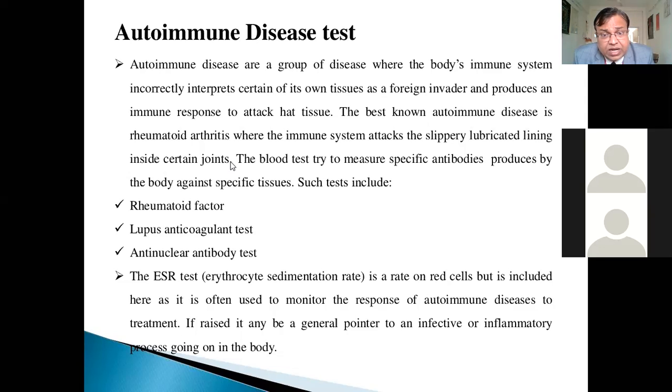The blood test tries to measure the specific antibodies produced by the body against the specific tissue. Such tests include the rheumatoid factor, lupus anticoagulant test, anti-nuclear antibody test. Next is ESR test, the erythrocyte sedimentation rate.